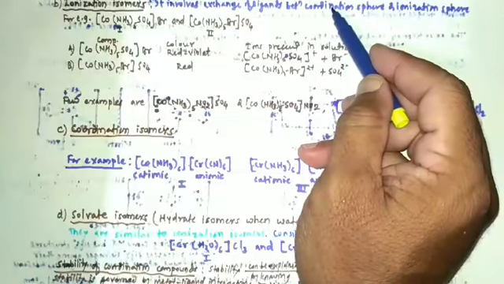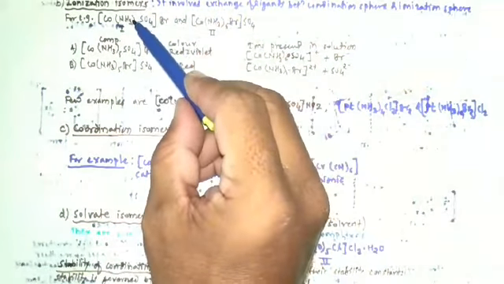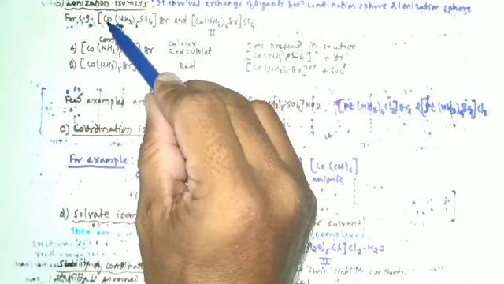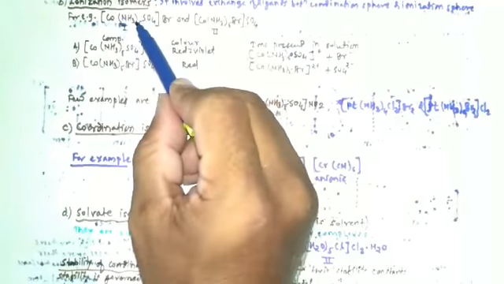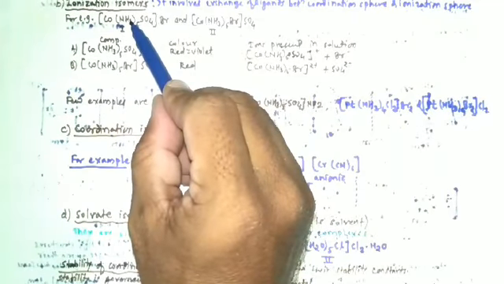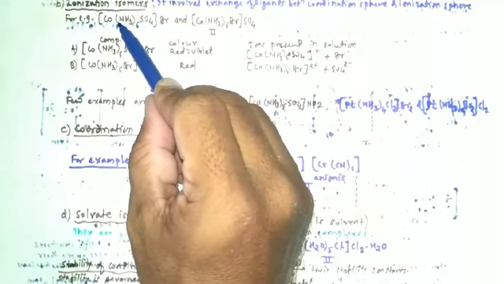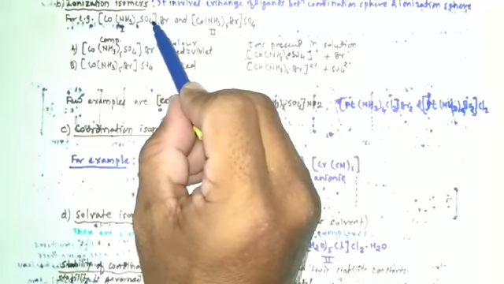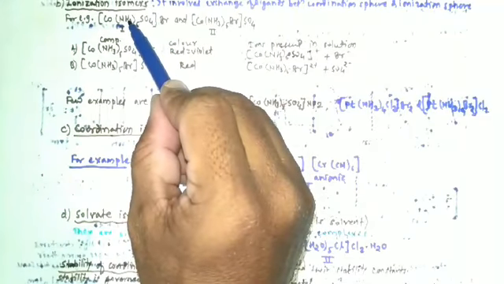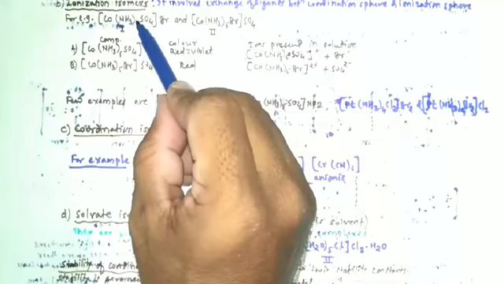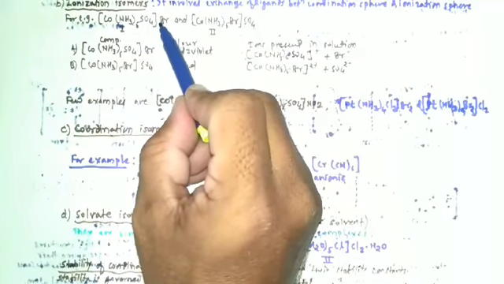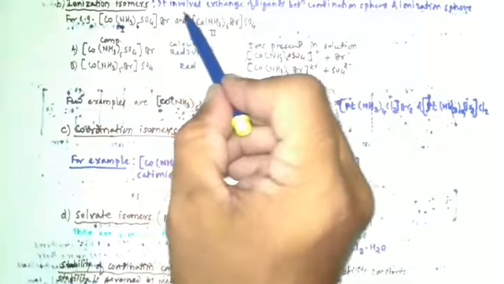To understand this, take one example. Consider two isomers. The first isomer has the name pentaamminesulfatocobalt(III) bromide.